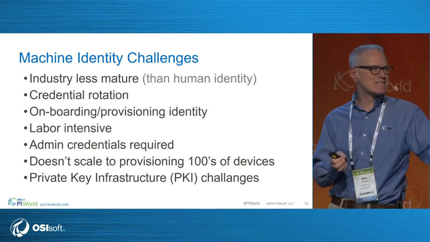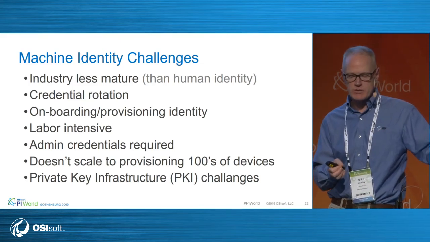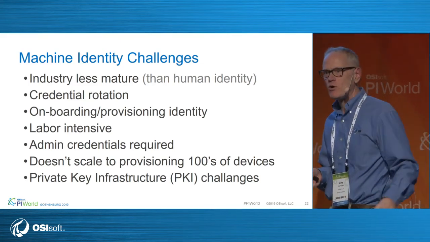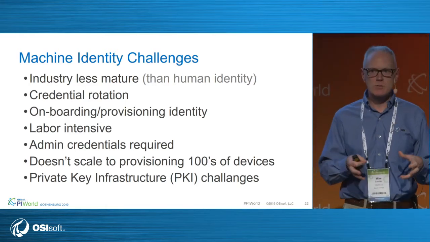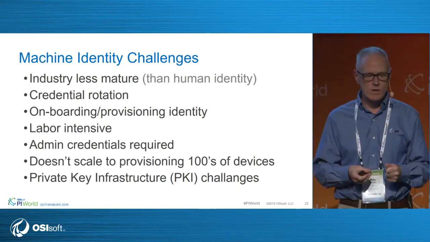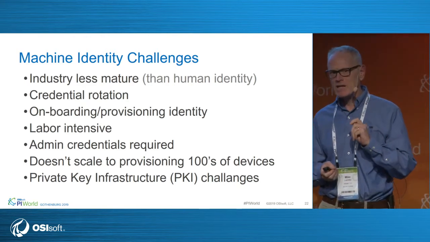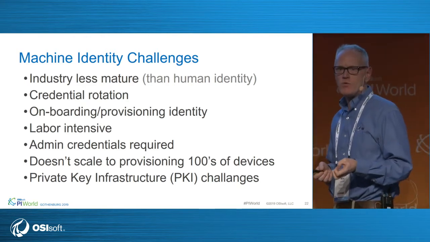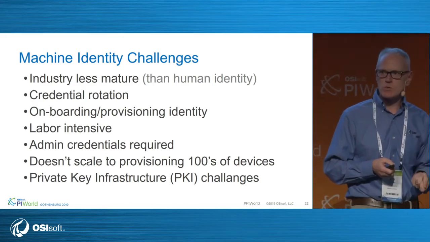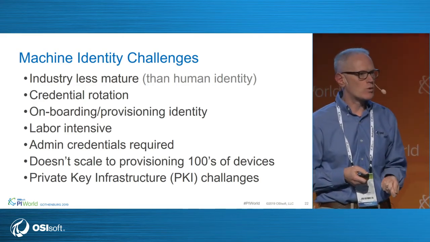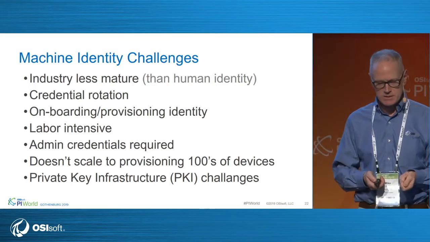It's labor intensive, often involving an administrator to execute that. And because of all that, it really doesn't scale when you're trying to provision hundreds of devices at once. And if we look at PKI for certificate-based authentication approaches, it faces equally difficult challenges with the onboarding and rotation business cases.